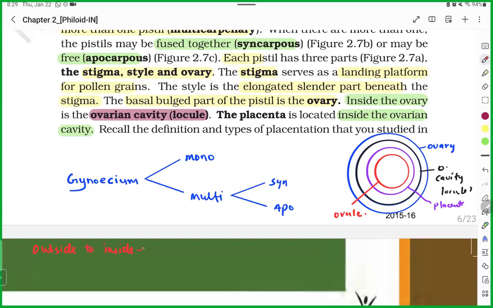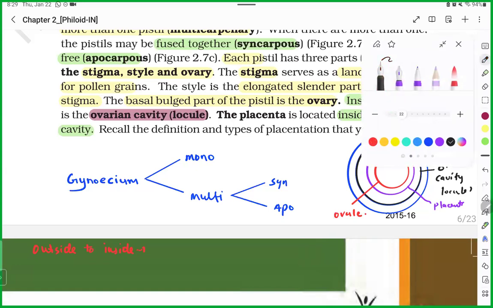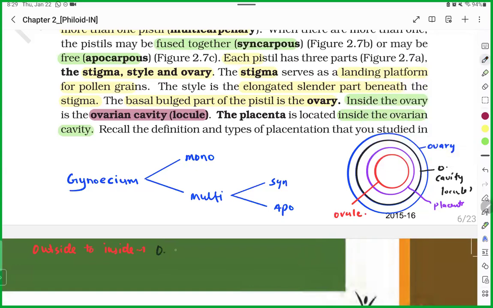Sir, is it fine if I write in the NCERT or do I write in a separate notebook? You can write in NCERT, but also write in a separate notebook. So ovary, then ovarian cavity. Write locule also, otherwise you'll forget this name. Then placenta. You have to write complete, and then ovule. I will check this now.